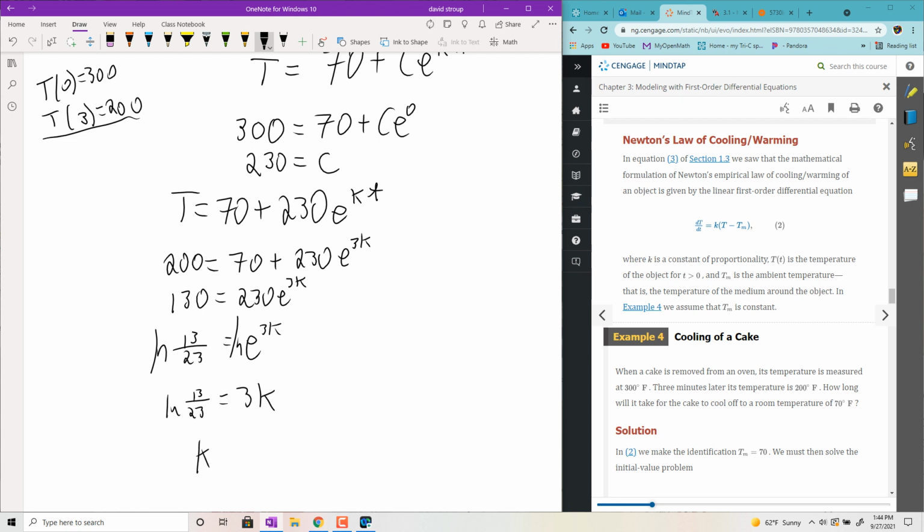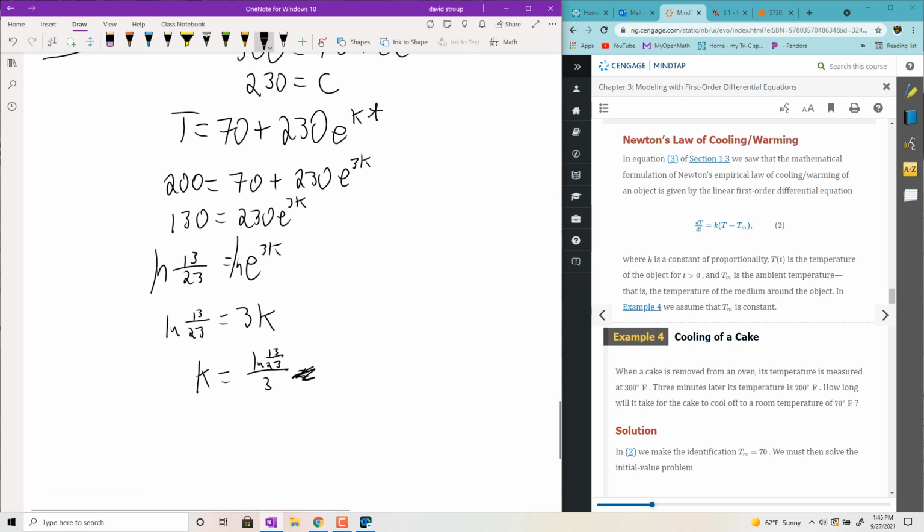Divide both sides by 3: ln of 13 over 23 divided by 3. I'm going to leave it like that, not get an approximation. So T will equal 70 plus 230 e to the t times ln of 13 over 23, all over 3.